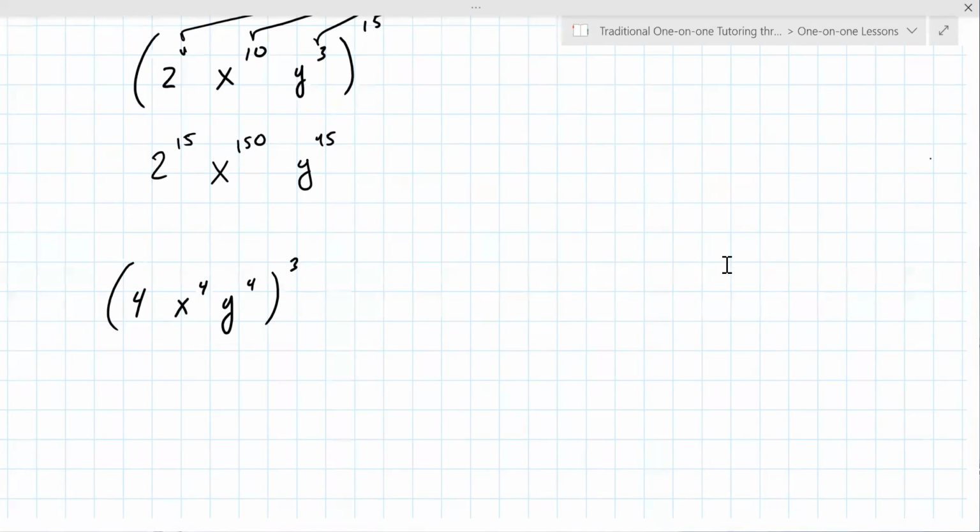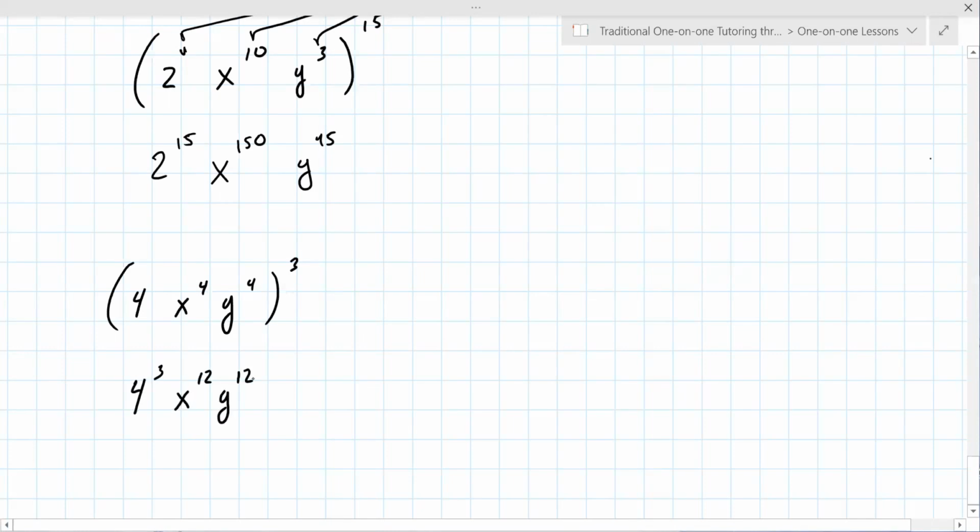Times 3. Okay, got it. Okay, so 4 to the power of 3, x to the power of 12, y to the power of 12.